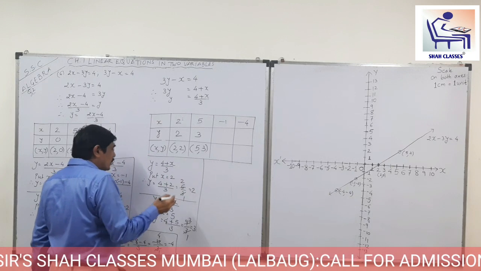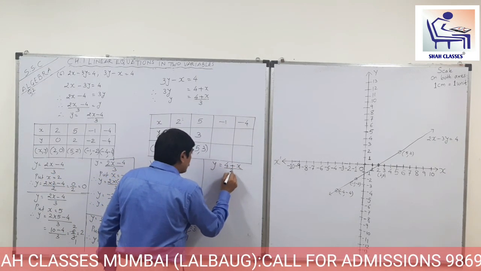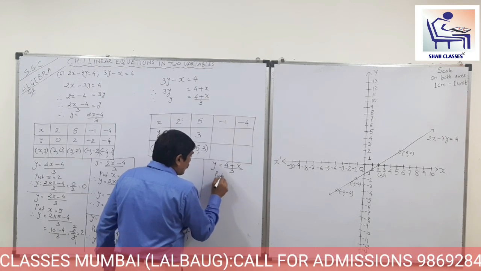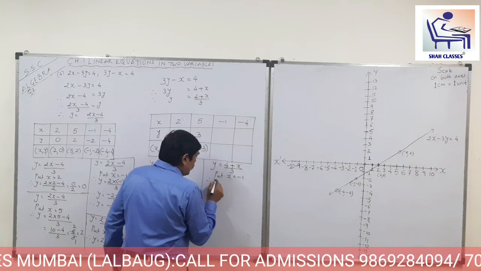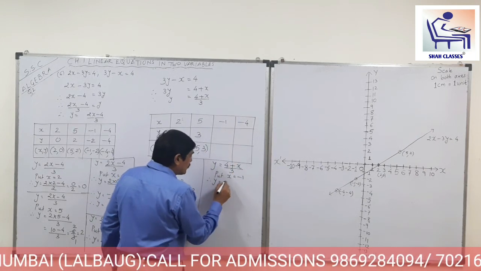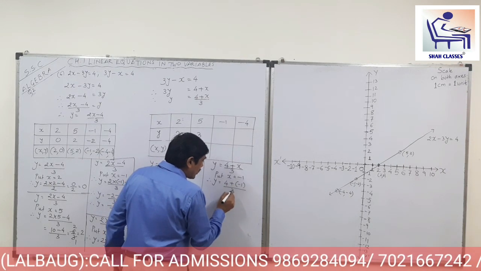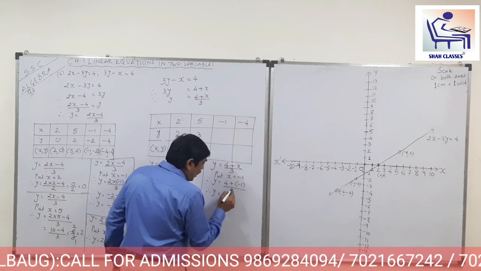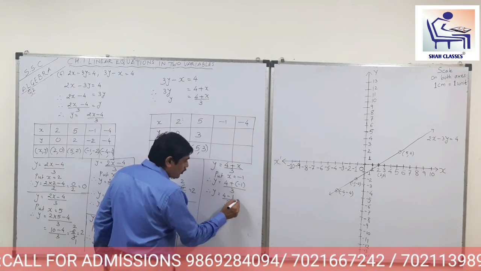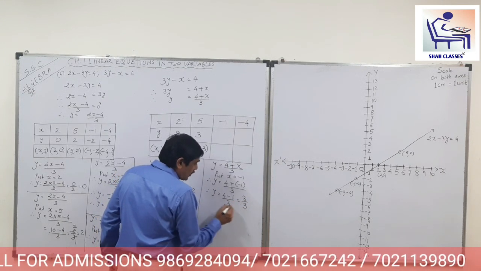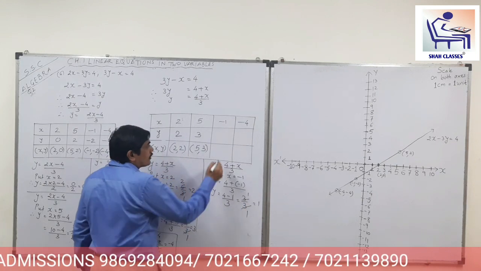Now we will move towards the third value. Put x is equal to minus 1. Be careful whenever you take the negative value. 4 plus minus 1 upon 3, plus minus minus, so 4 minus 1 upon 3, 4 minus 1 is 3, 3 upon 3, 3 gets cancelled, so you got the value 1.